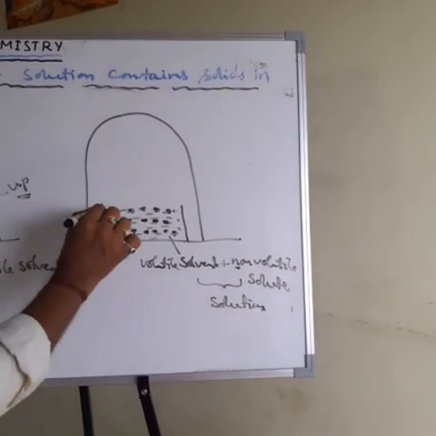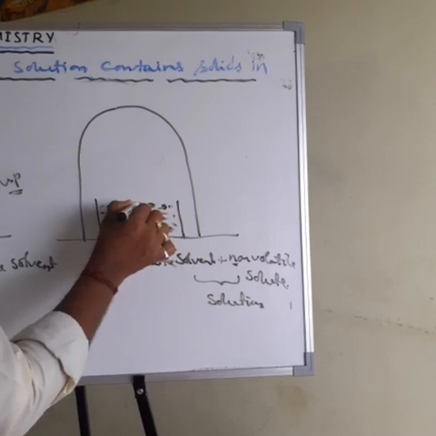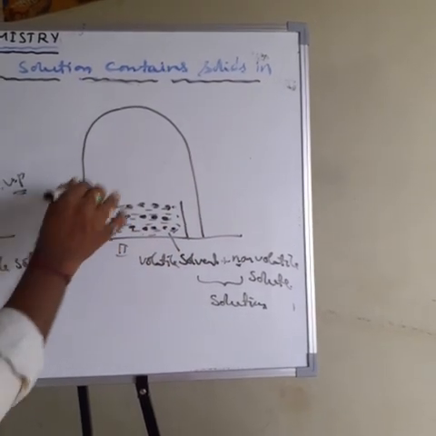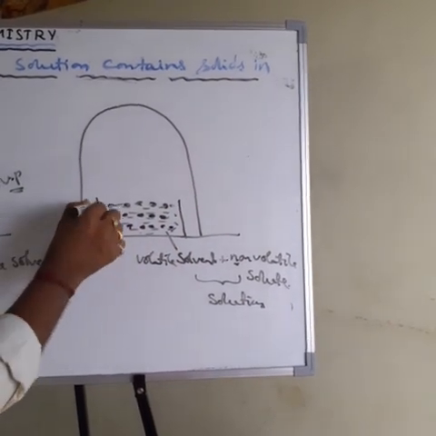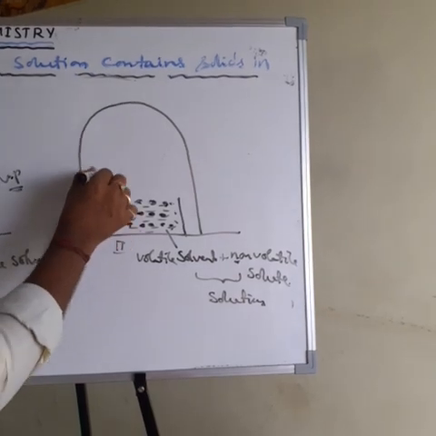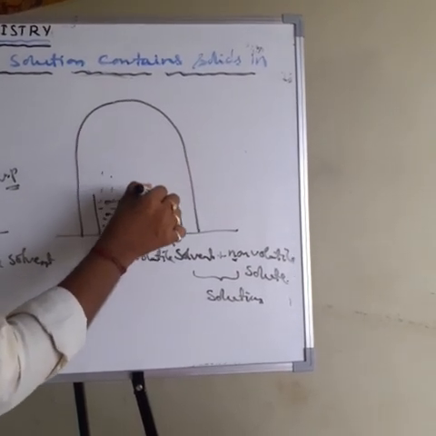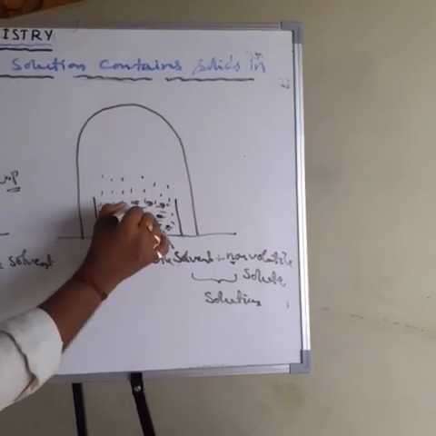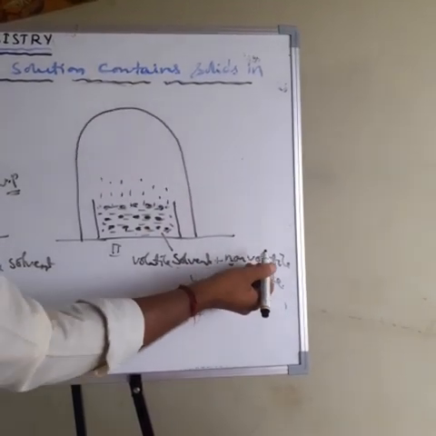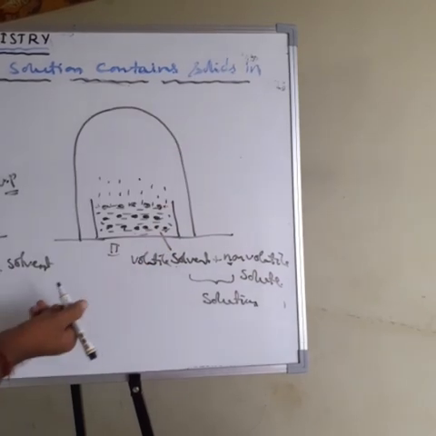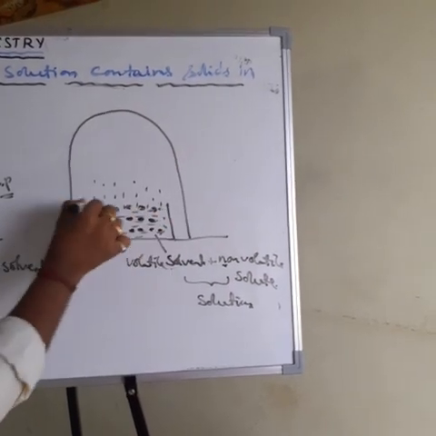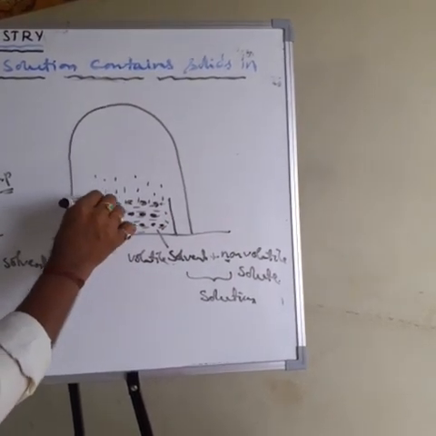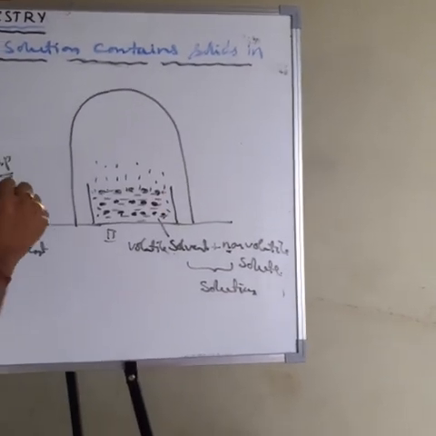Whenever the surface is occupied by non-volatile solute particles, on heating, the vaporization of this solution decreases. Why? Because only the solvent evaporates. The solute is non-volatile, so it does not undergo evaporation. That's why at the surface the fraction of solvent particles is decreased.